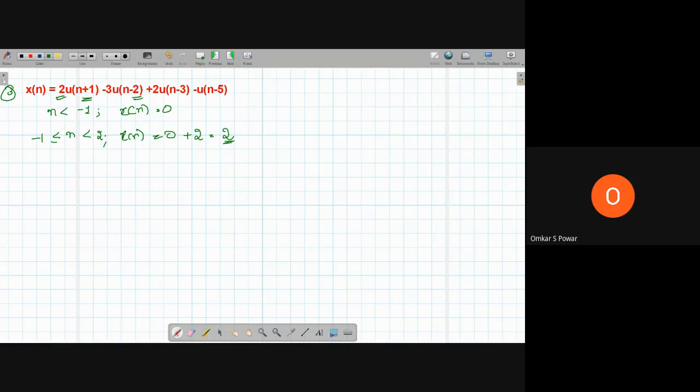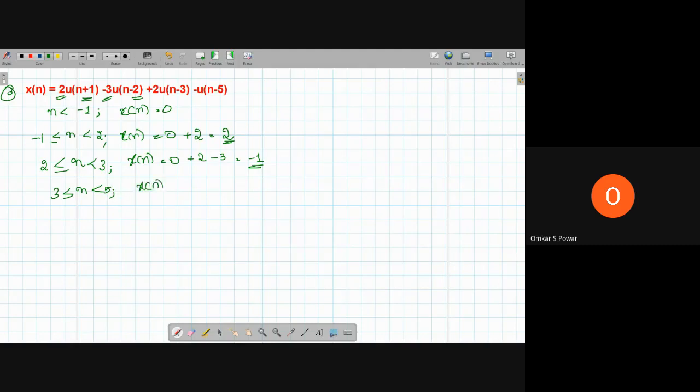Now n varies between 2 to 3. What is the value of x of n? 0 plus 2 minus 3. So minus 1. Now n varies between 3 to 5.